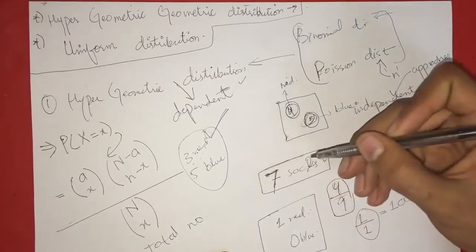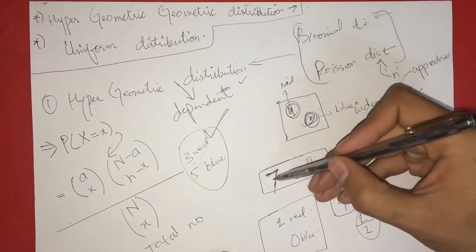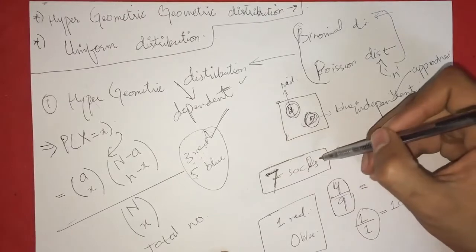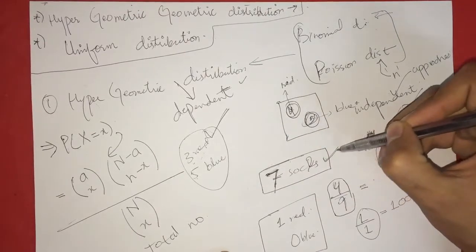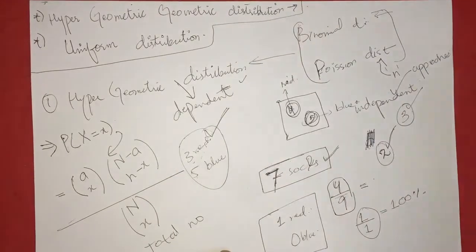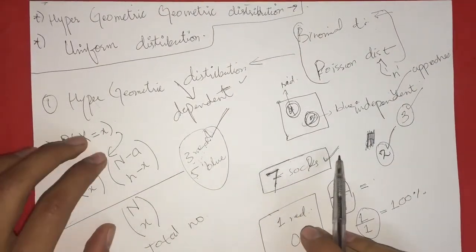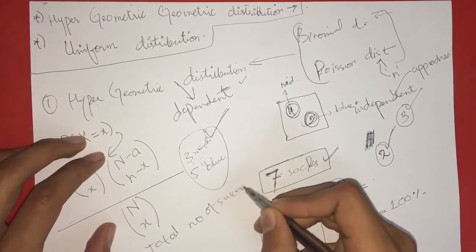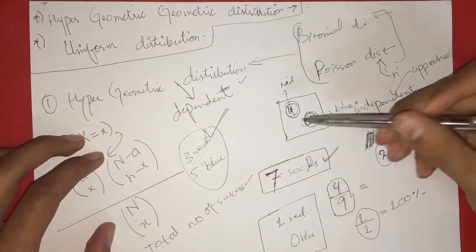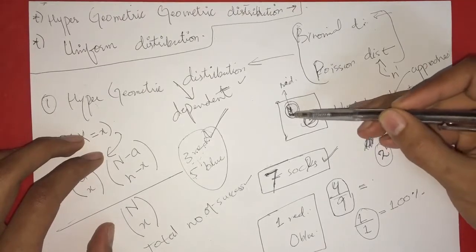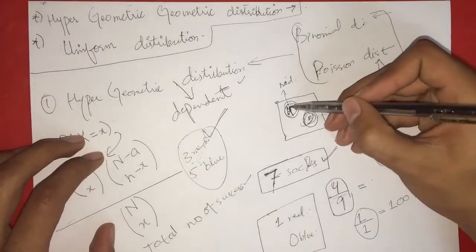You want to find the probability that in this sample of 7 socks there are 3 red socks. The total number of successes means the total number of the objects you are interested in, so that is 4.